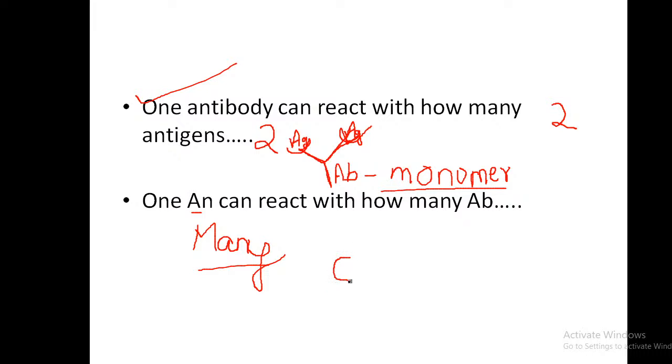How? If this is an antigen, I said it is having epitopes, the region on the antigen where the antibody binds is called an epitope. If this is an antigen, it has different epitopes like this.